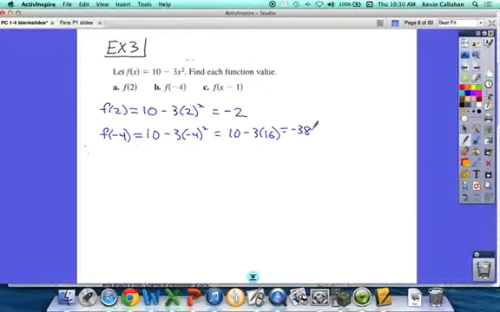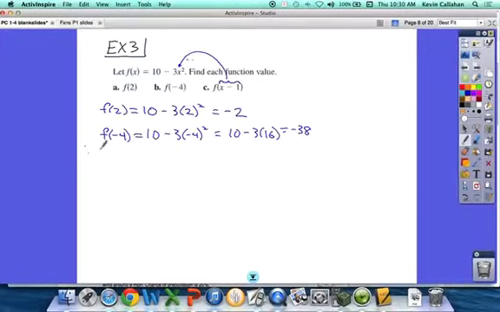How would we find f of, now there's not a number in the parentheses, f of x minus 1? Just replace wherever is the x in this expression, you're going to take the whole x minus 1 and put it into that place.